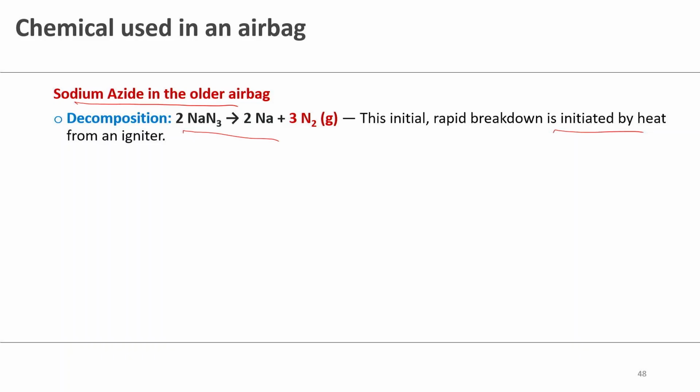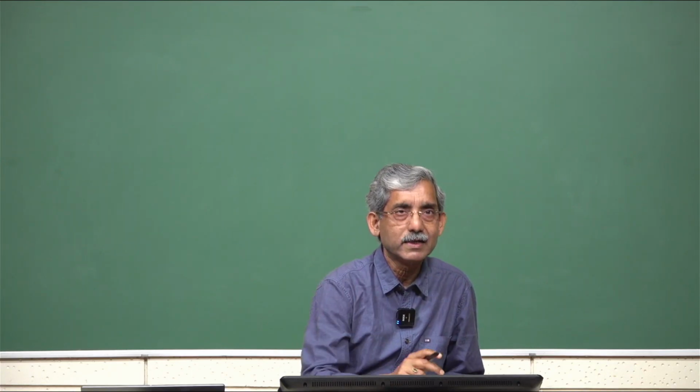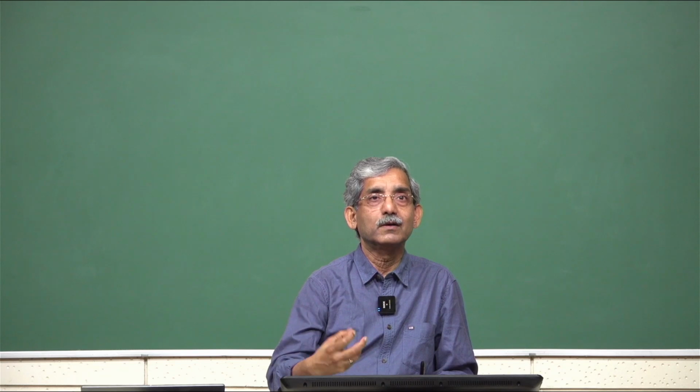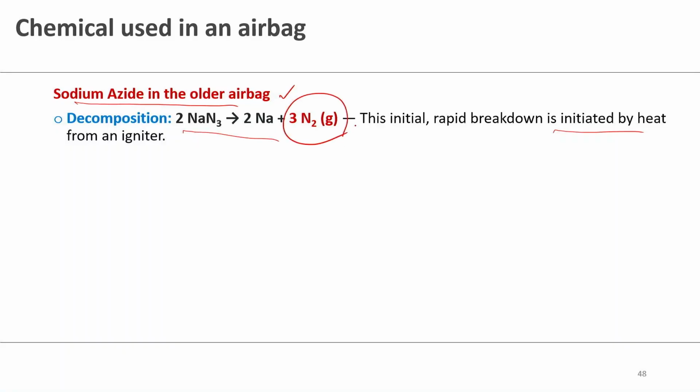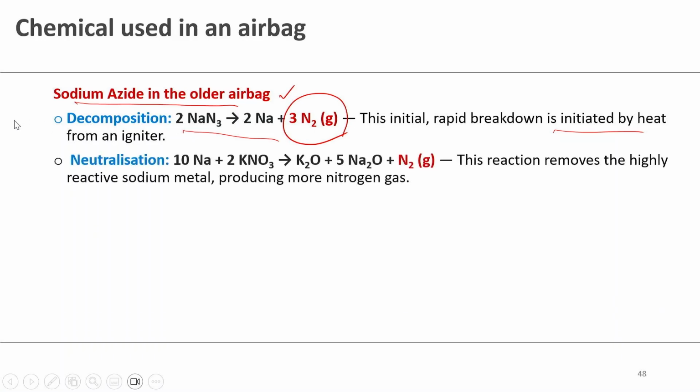So, after getting the signal of any crash, the electronic sensor will send ignition, and this ignition will act on the sodium azide, generating nitrogen gas, and then neutralization, this reaction removes the highly reactive sodium metals and produces more nitrogen gas.